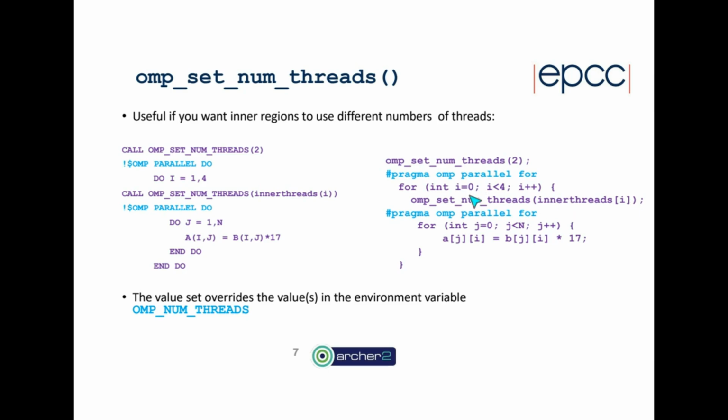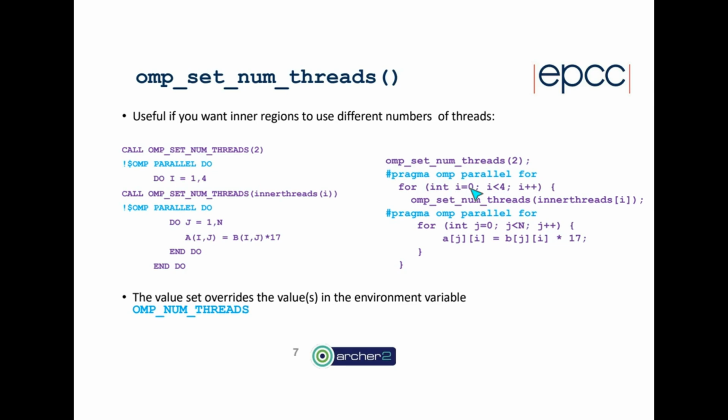So I can potentially use a different number of threads for every instance of this inner parallel region inside this I loop. At the outer level I've got 2 threads. Thread 0 is going to execute I equals 0 and then I equals 1.